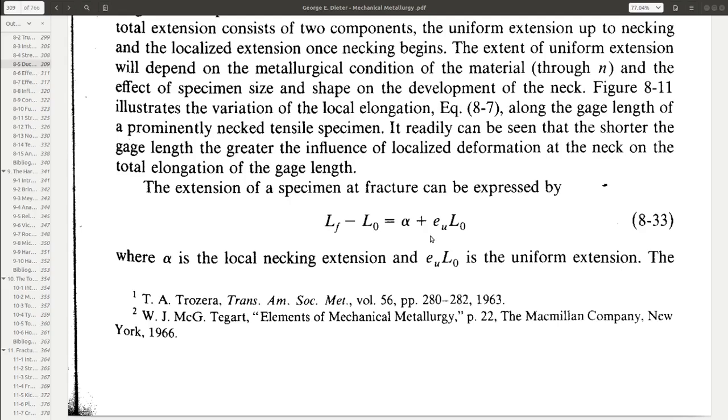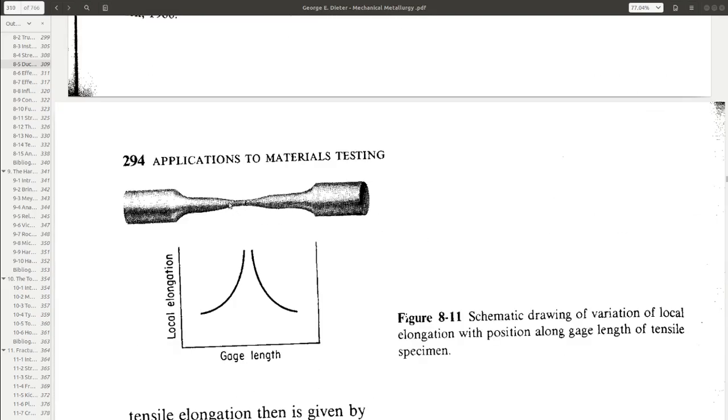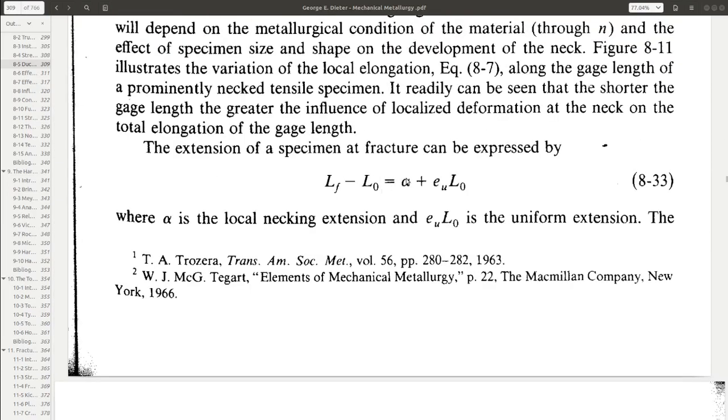After that the necking happens, and the necking happens only in a certain region. It's a local phenomenon, and the deformation will happen only in this region. In other regions there won't be any elongation, therefore it's just EU into L0.